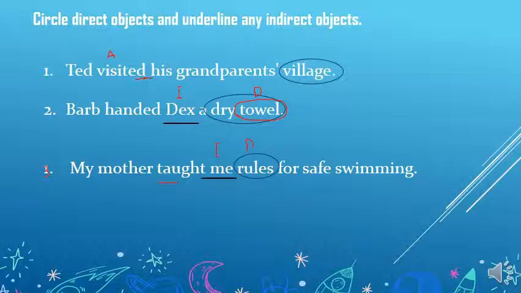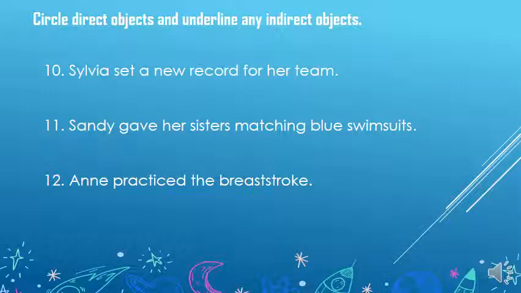I can also think about it: my mother taught rules to me. I can add to before me, but I cannot add it before rules. My mother taught me to rules. No, it doesn't fit. Okay, so circle also the same question, direct object, and underline the indirect object.